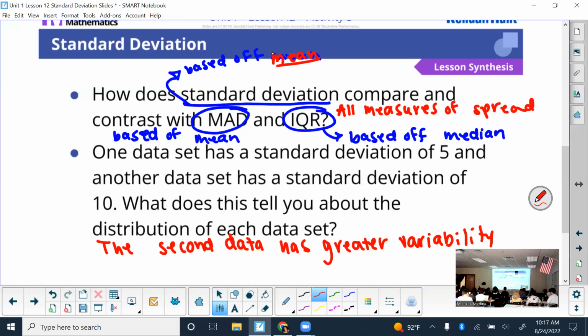Just like how in the mean absolute deviation, they also minus the mean. So both MAD and the standard deviation are based off of the mean. So if the data is symmetrical, you'll probably want to use those for measure of spread. You use IQR if the better measure of center is the median.